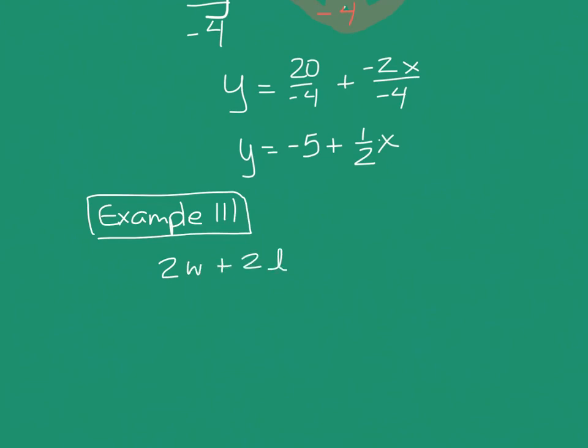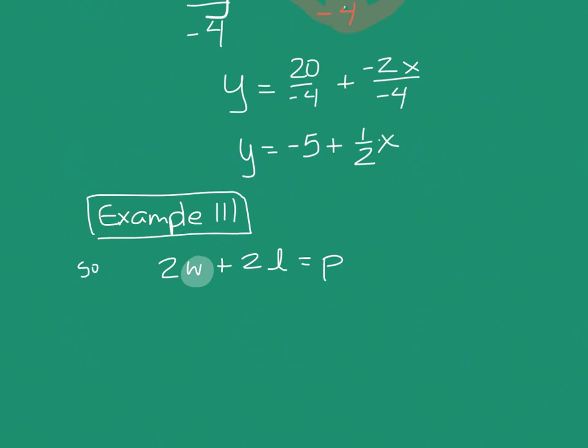I'm going to use a cursive L for my length because a plain non-cursive L looks like a 1. And that equals the perimeter. I'm going to solve this problem for W. I'm going to get W by itself.